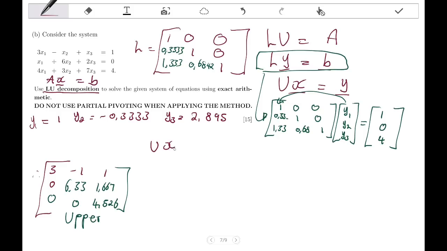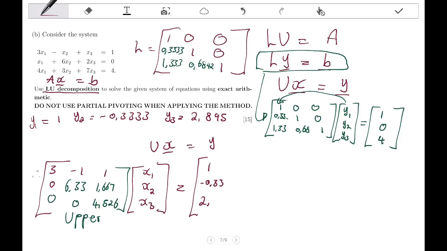So here I will take this upper matrix and multiply it by x1, x2, and then x3, which is equals to y1, it's 1, y2, it's minus 0.333, and then y3 is 2.895.